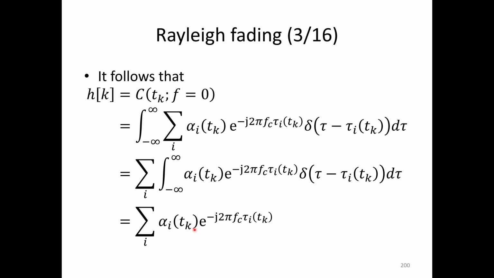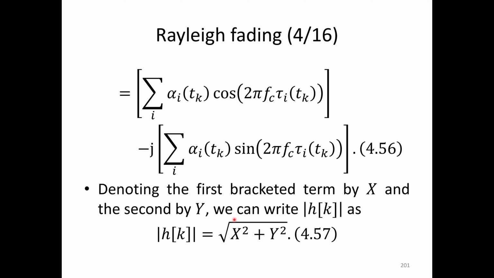It is because exponential negative j theta is equal to cosine theta minus j sine theta. Denoting the first bracketed term by x, so this term is x, and the second by y, so this term is y.